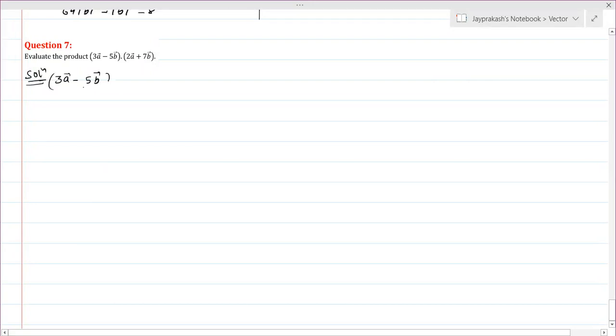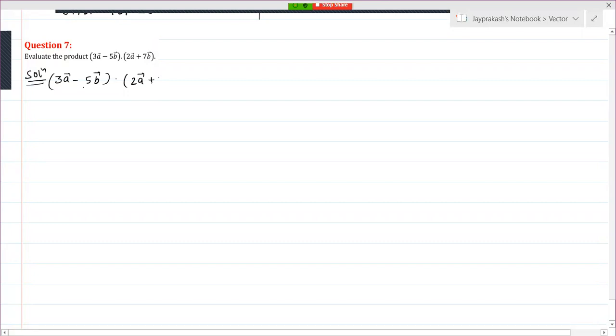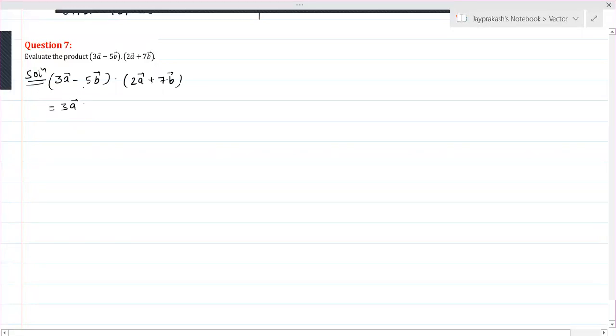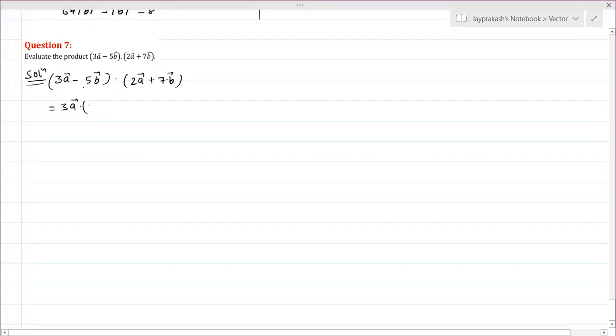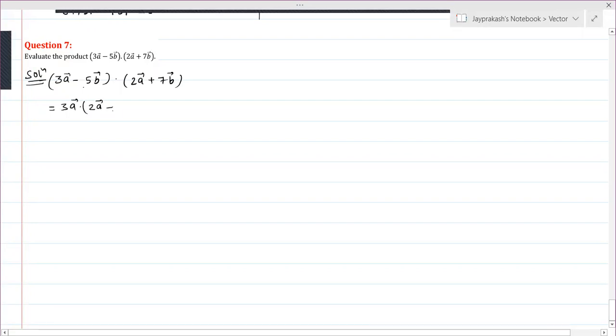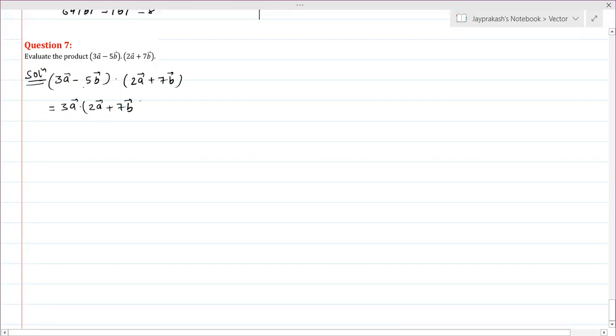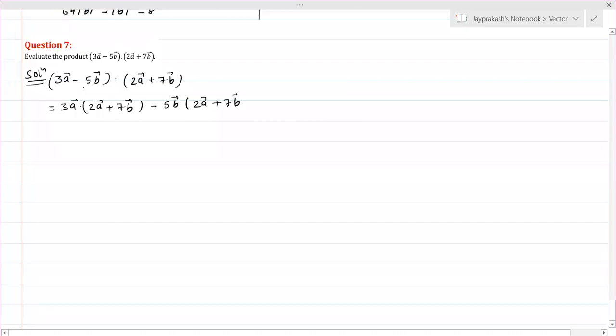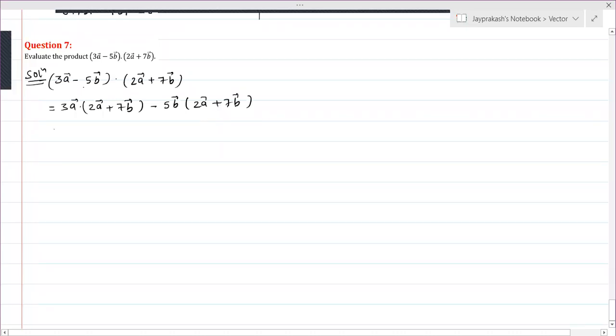Next, (3A minus 5B) dot product with (2A plus 7B). So it becomes 3 vector A dot product with 2A plus 7B. The second term will be minus 5 vector B with 2A plus 7B. Now simply multiply it.